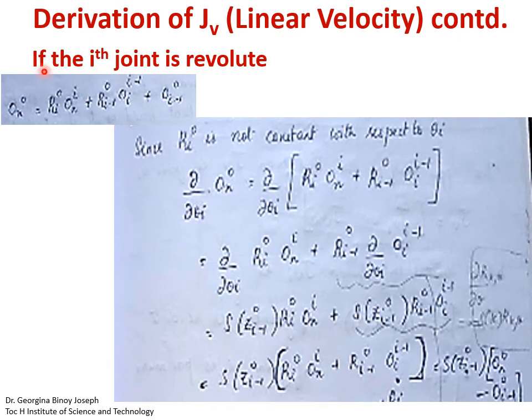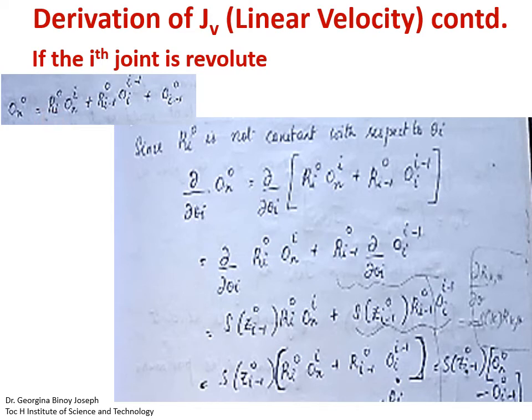Now, if the ith joint is revolute, bringing back that same relationship that we had taken, we had said that in the previous case this is a constant and this is a constant and this is a constant, and we had simplified the derivation to taking this term alone. Now what happens is, if the ith joint is revolute, this term is not a constant.